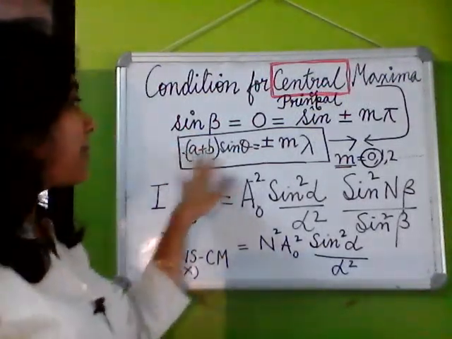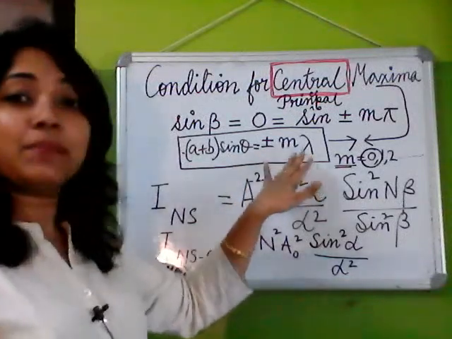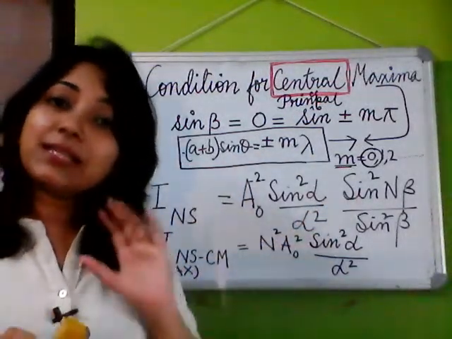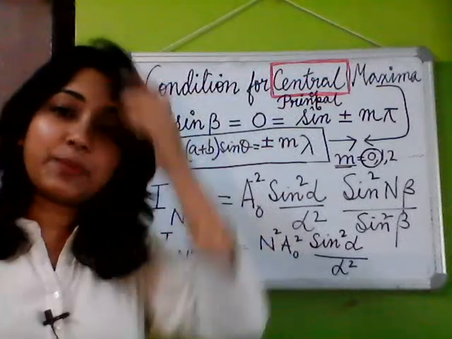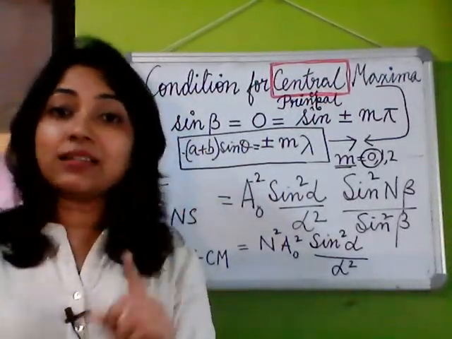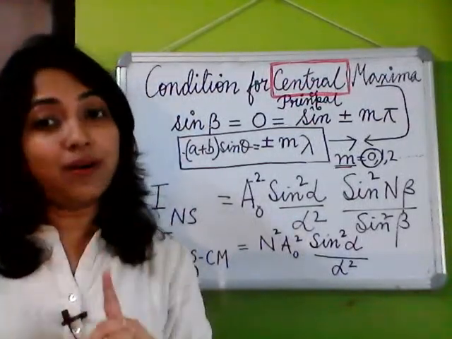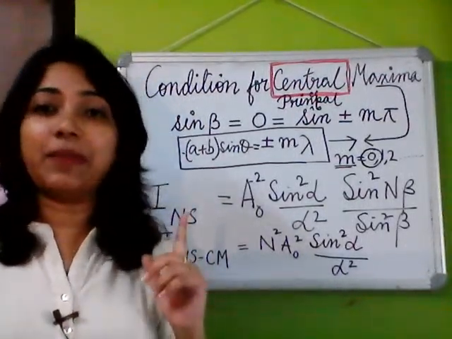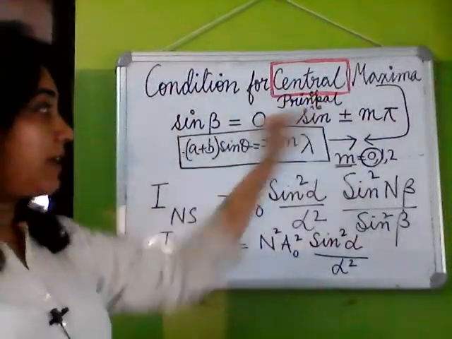So if I write (a plus b) sine theta is equal to plus minus m lambda, this condition is that for principal maximas. However, among all those principal maximas, when I consider only m equal to 0, I may call that the central maxima. Alright, so these were the things that we had discussed.